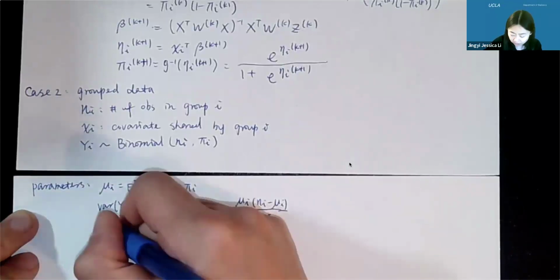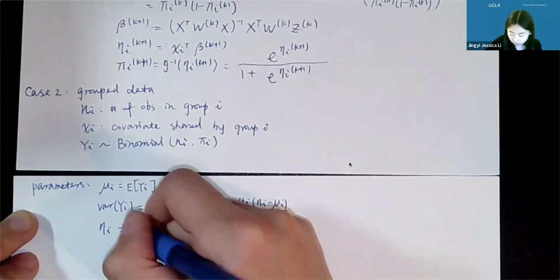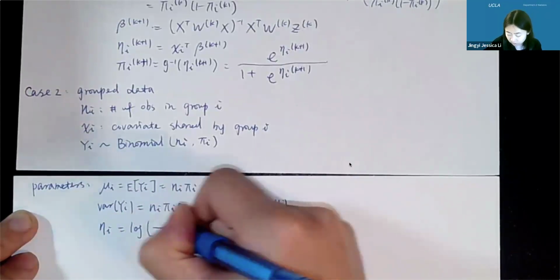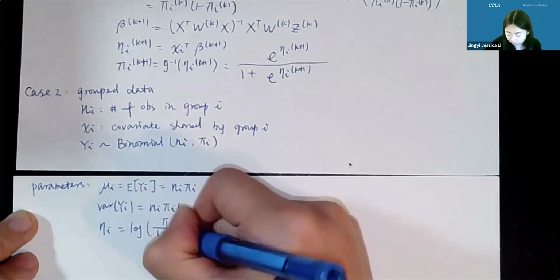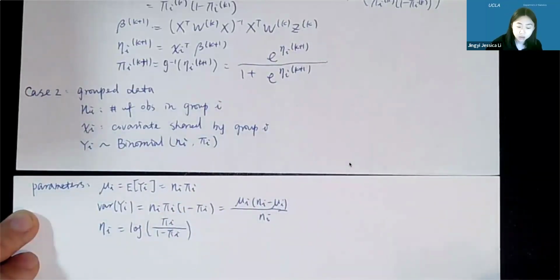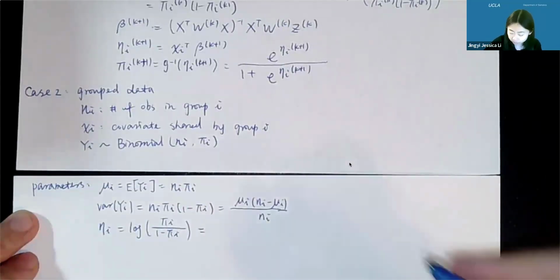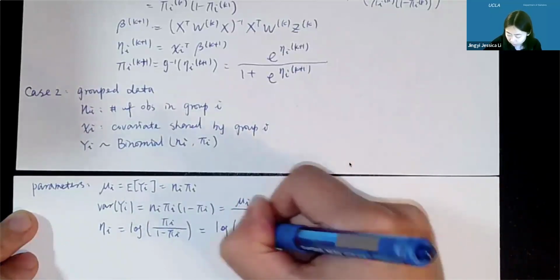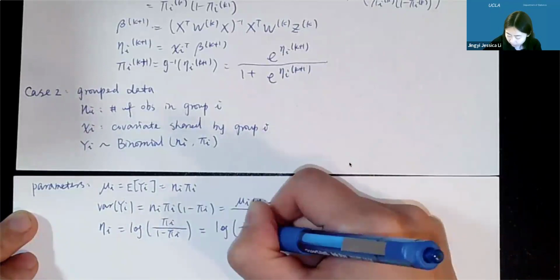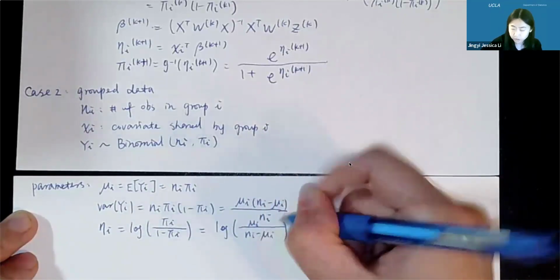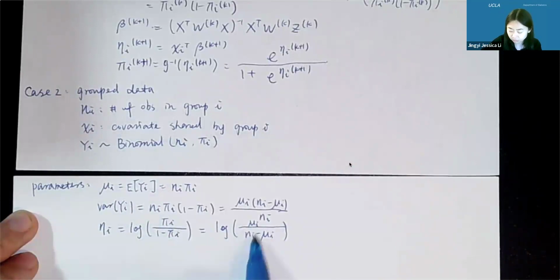Then eta_i, the linear predictor, is still log of pi_i over 1 minus pi_i, still about the success probability. But now we want to write it in terms of mu_i because we want the g function to be in the form of mu_i instead of pi_i. So for individual data, we don't have this problem because mu_i is just equal to pi_i. But here, we have this factor n_i, and we must consider this. So we can write it as log of mu_i over (n_i minus mu_i). So you see, once we cancel n_i from the numerator and denominator, it is this.